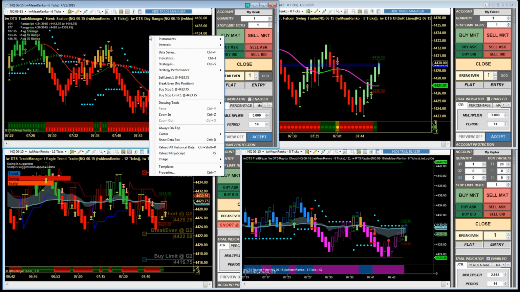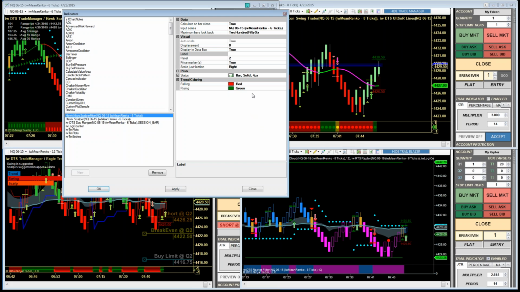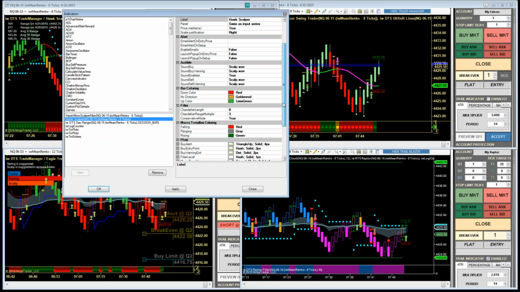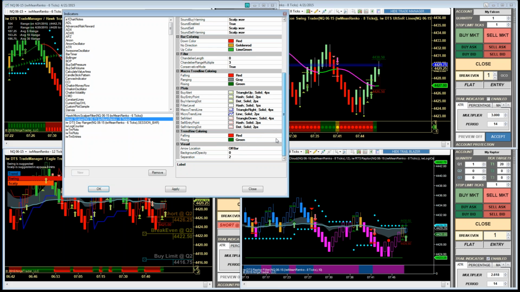I don't think you can actually change the appearance from the indicator panel. Hawk Scalper, I don't think we can do anything with the bars here.